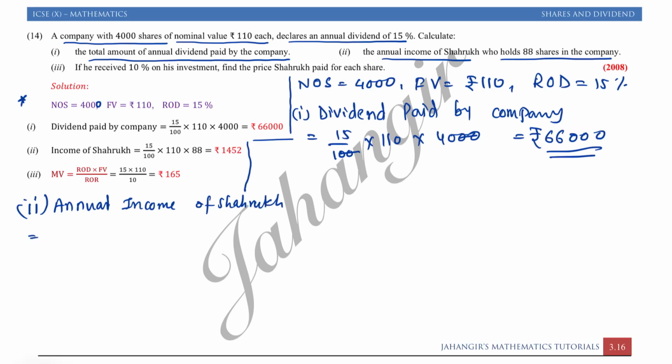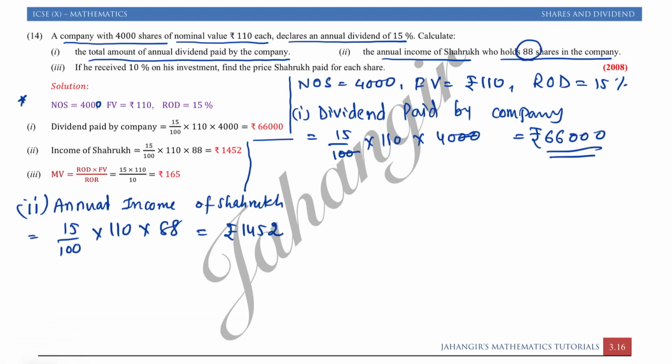Here again we will find income, but at that time we will take number of shares as 88 because Shahrukh holds 88 shares only. So ROD is 15 upon 100 into 110 into number of shares is 88. Calculate, you will get answer 1452.